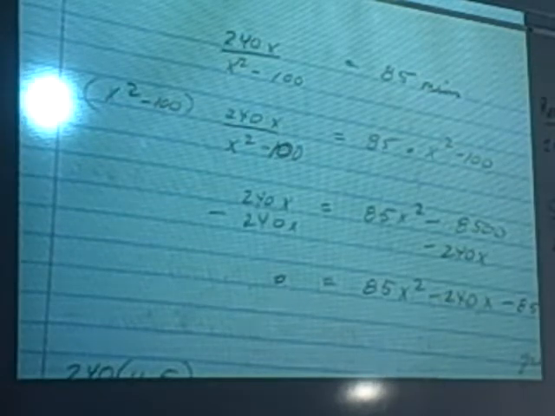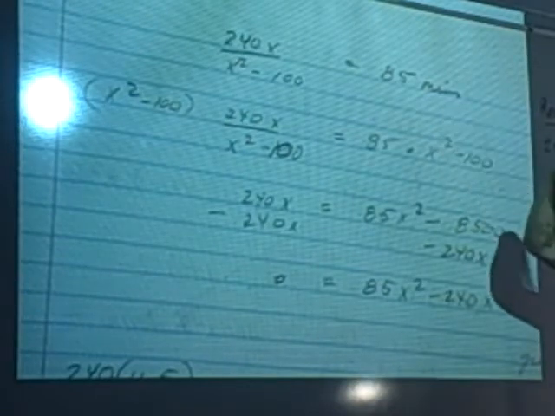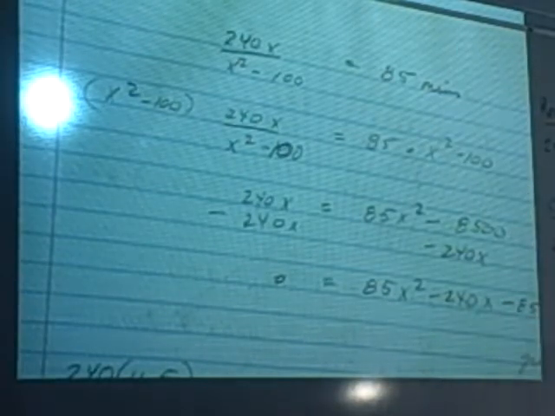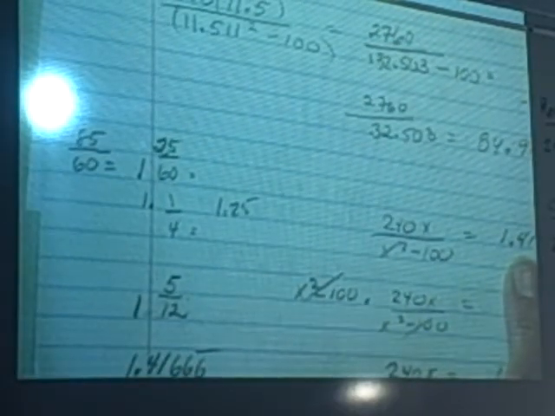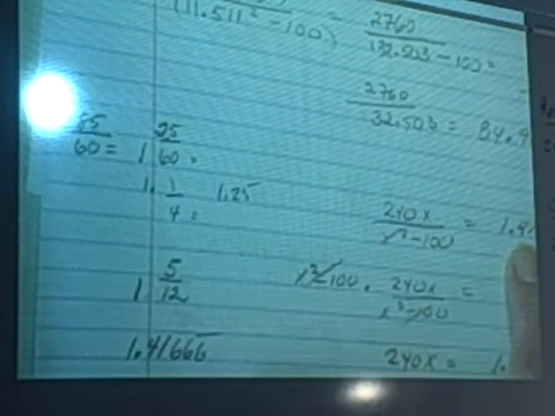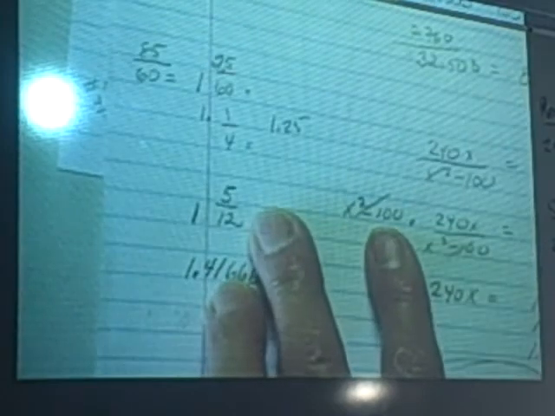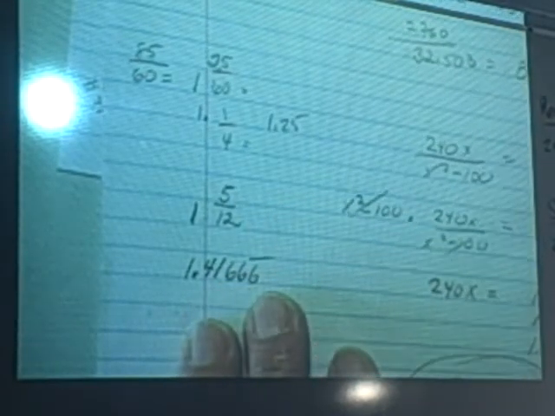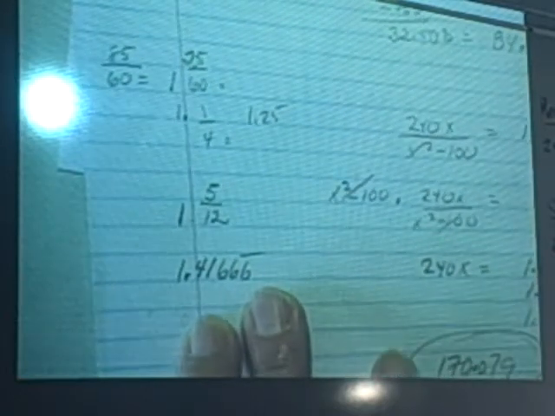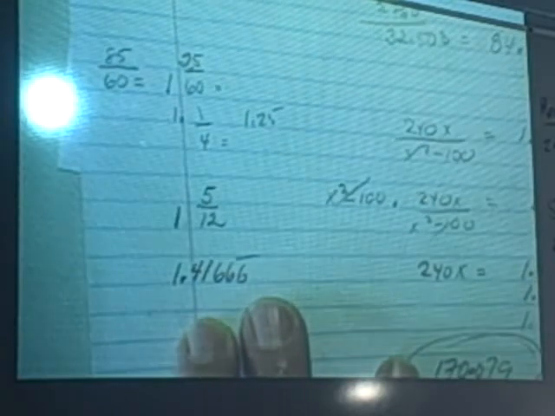Did I do this in hours? So I had to go back and calculate: 85 minutes is an hour and 25 out of 60, or I did it wrong the first time. It is 1 5/12 when I simplified it, which is 1.41666. Okay, so that's what I have for the time in hours.